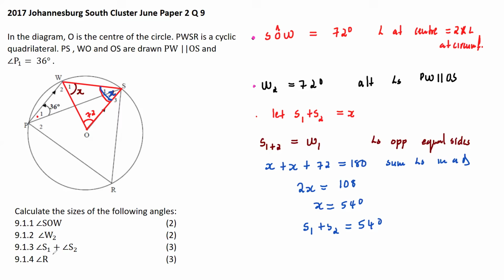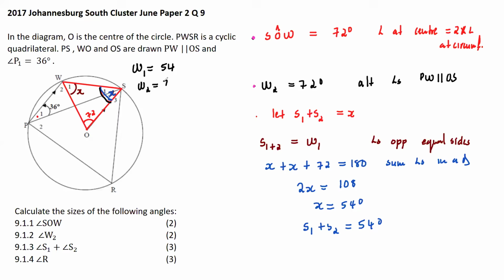R, I think they want R now. So I think there is a cyclic chord. So I think I can get the R pretty clear. W1 is X. So W1, let me write it on the side. So W1 is 54. All right. So from the previous one, it's the same thing like S1 and S2. W2 is 72.